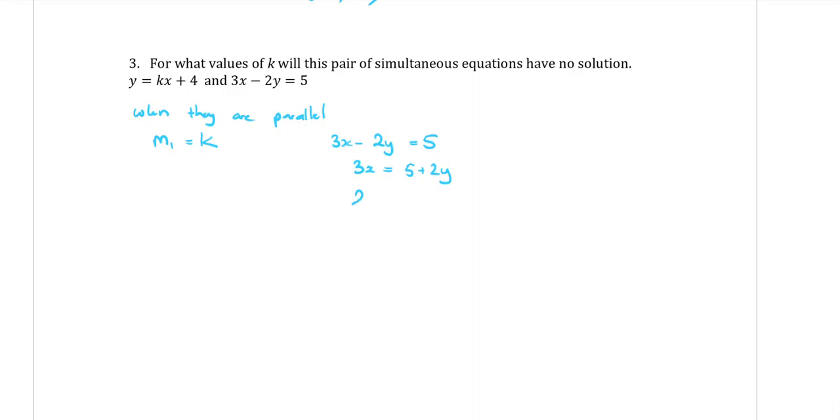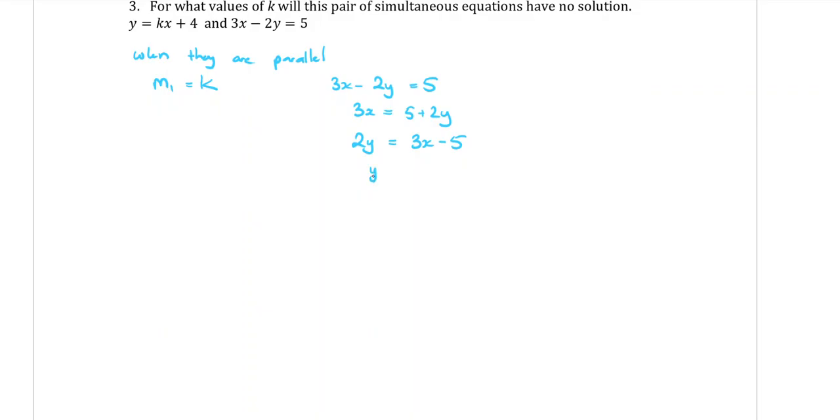Then move the 5 away, so it will be 3x minus 5. And then divide by 2, y equals 3 over 2x minus 5 over 2. So that's in the right form. The gradient of this would be 3 over 2.